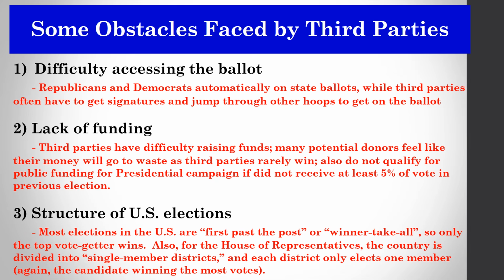Let's say it's a parliament. You would get seats in the parliament roughly equal to the percentage of the vote that you received nationally, or it could still be district by district, but the seats would be divided proportionally.